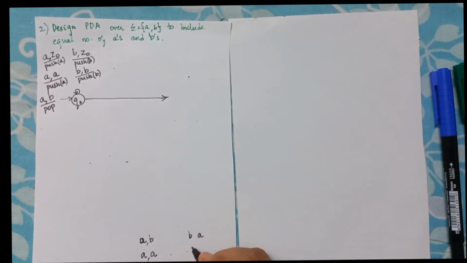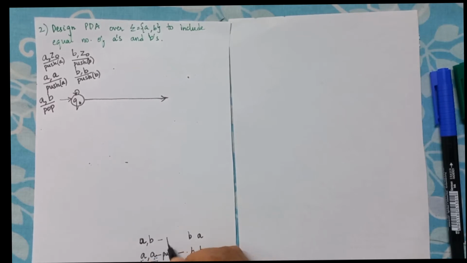If my stack top and input symbol are the same, I will do a push operation. But if I have different symbols, I will pop. So for a different symbol that I see, I pop, thus nullifying both.